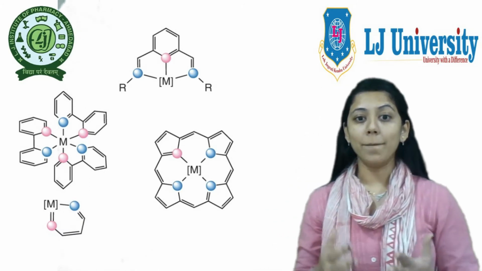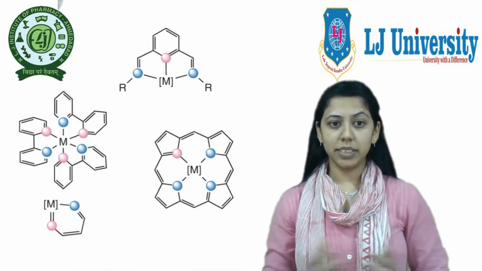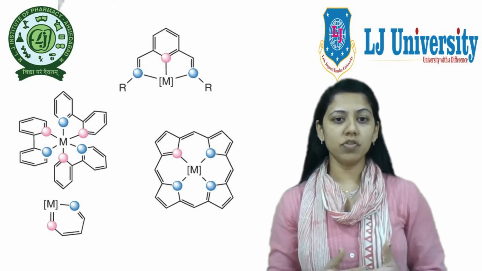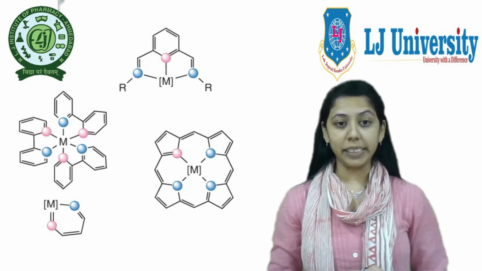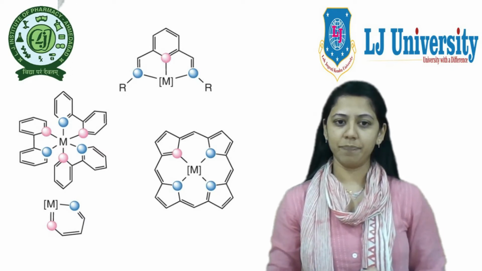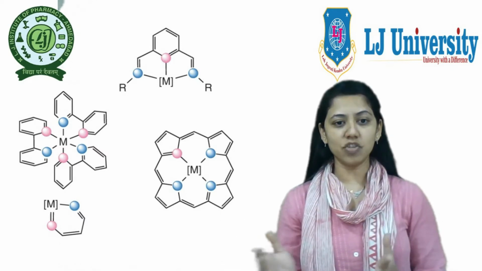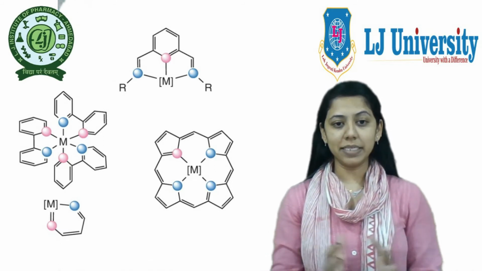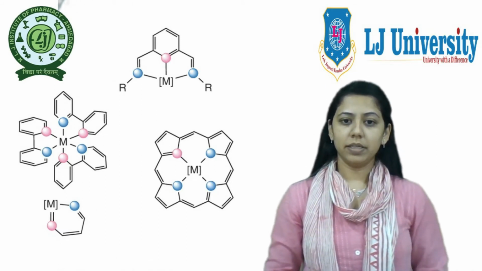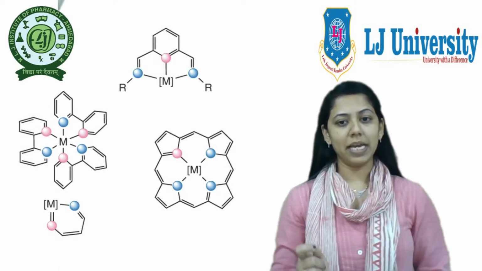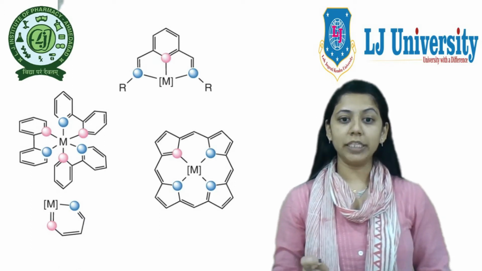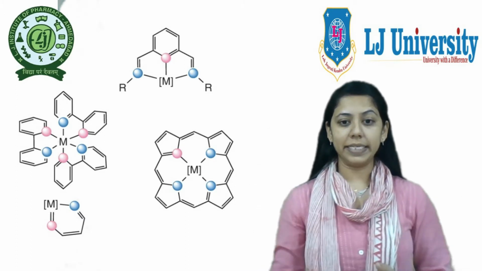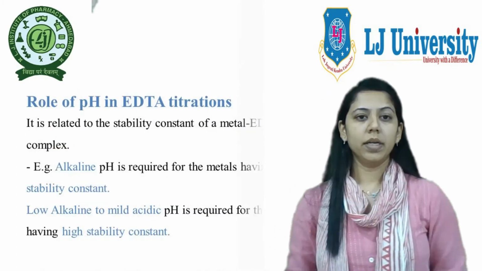The number of metal chelate rings: the stability of the complex is directly related to the number of chelate rings formed between the ligand and the metal ion. The greater the number of such rings, the greater the stability. Then last is the steric effect. The steric effect can also play an important role in the stability of complexes. More steric hindrance, less stability.